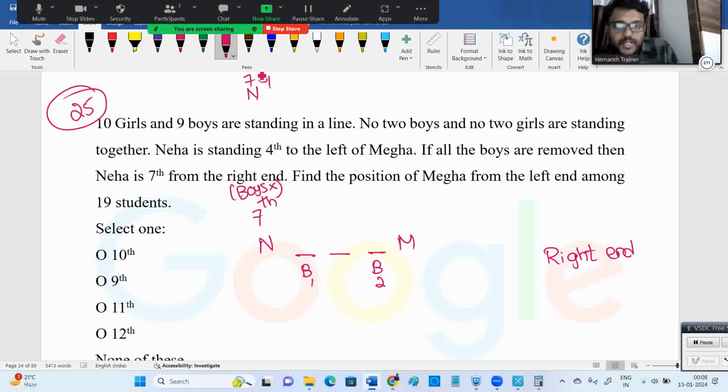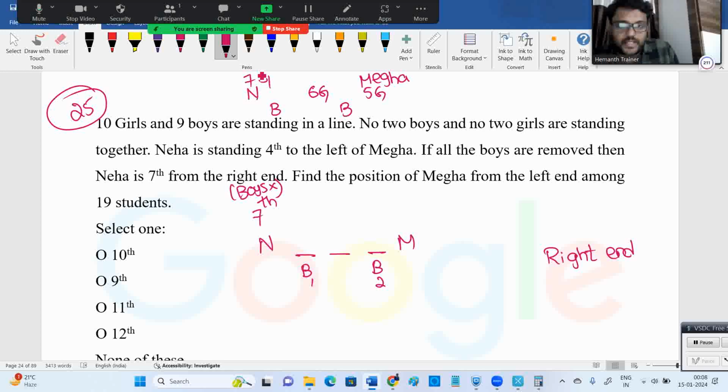See here, girl. Here it will be a boy. Here, girl. Here the sixth girl. Here we have a boy. Here the fifth girl is Megha. Megha is the fifth girl, right?